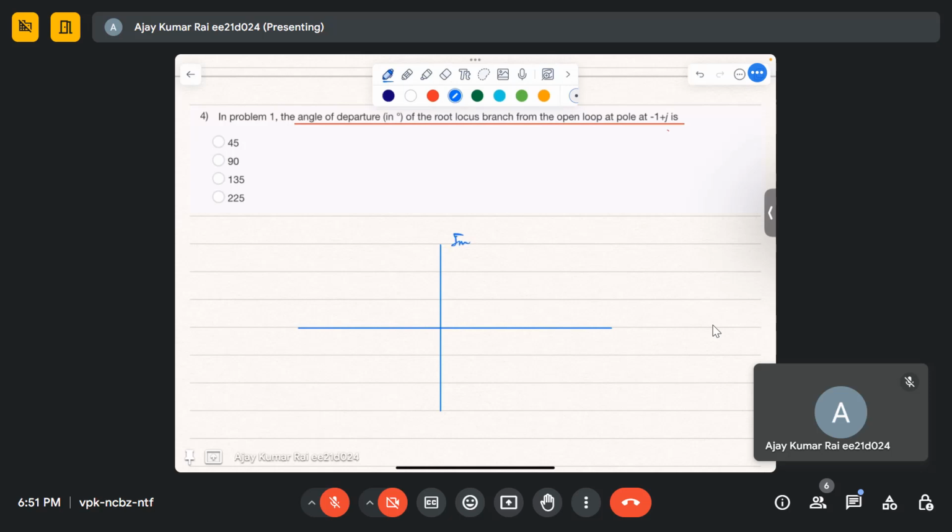Okay, so this is the point. You have to calculate for this point, minus 1 plus j.